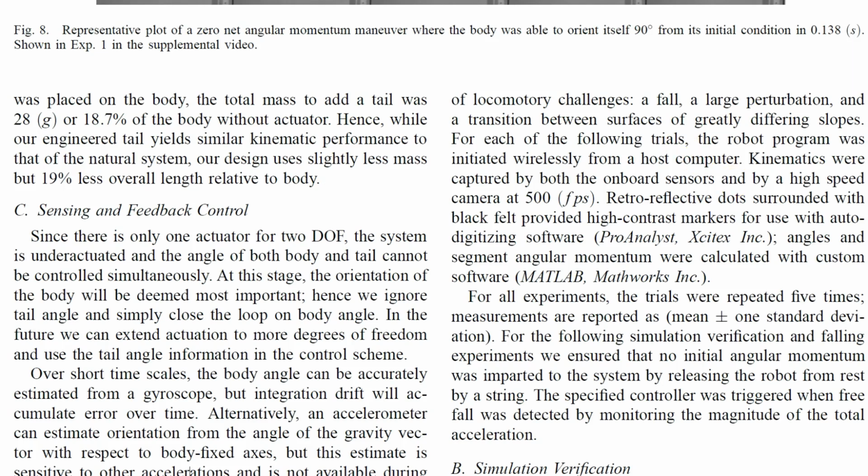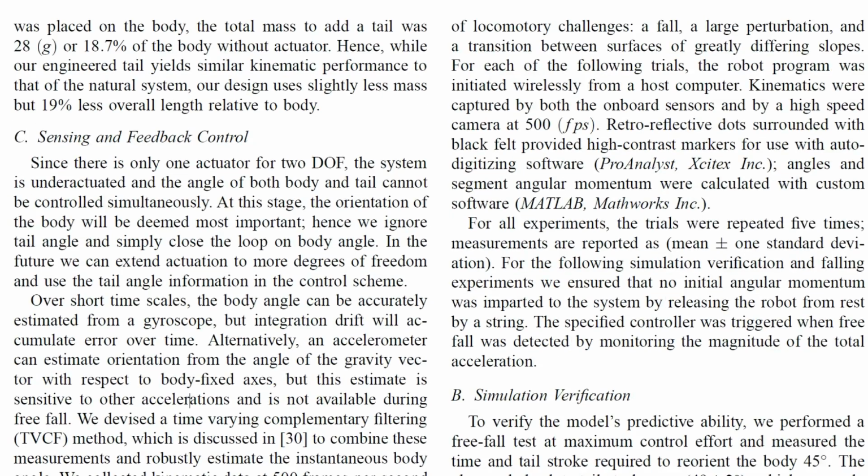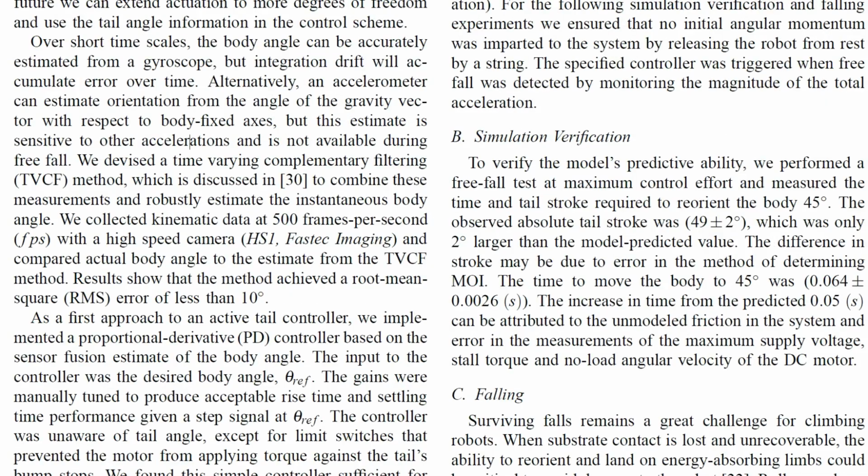And then they explain all the things they did to test this robot. And I see a lot of language here, like to verify that the model is predictive, we did this, and then we found this.